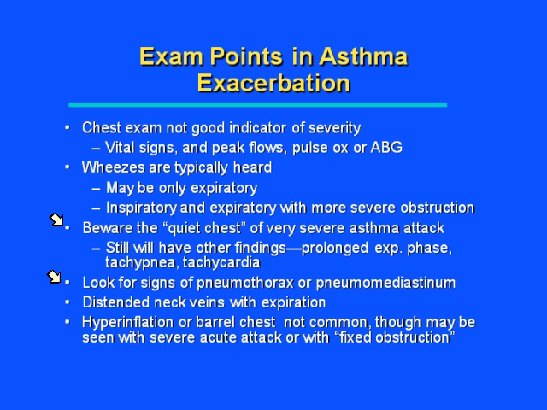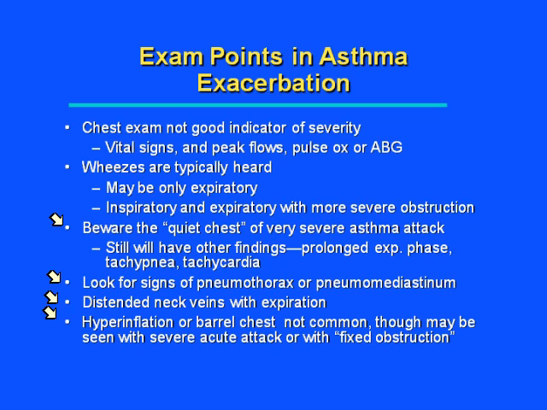Patients who are having a severe asthma attack can have very high increases in intrathoracic pressure and develop a spontaneous pneumothorax or pneumomediastinum. They may have distended neck veins with expiration, and in contrast to COPD, it's not common to be able to detect hyperinflation or a barrel chest.